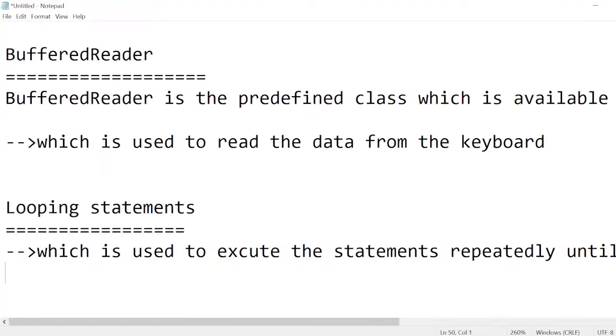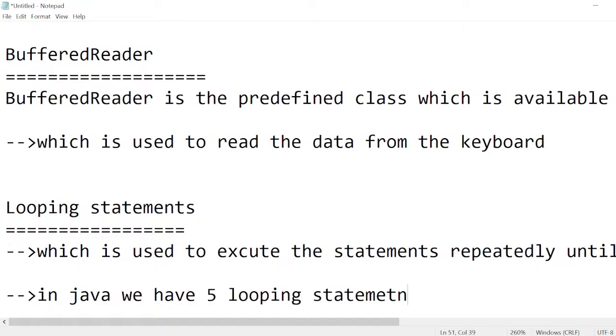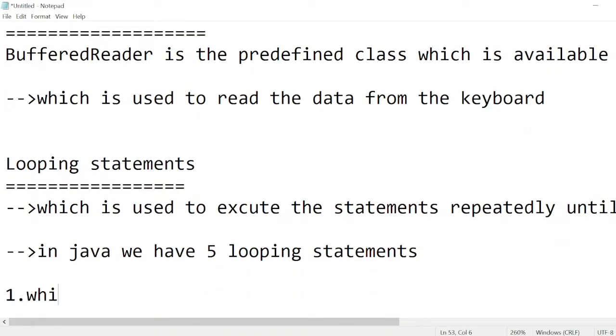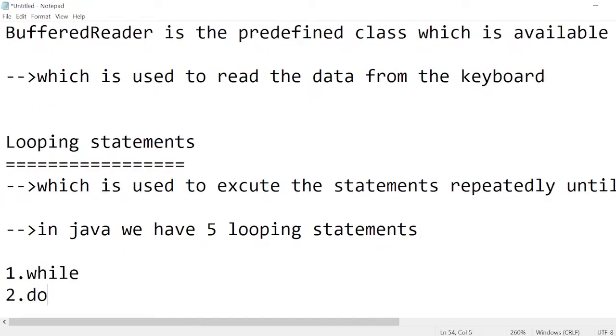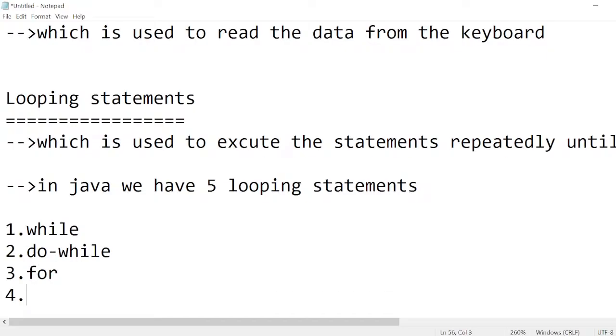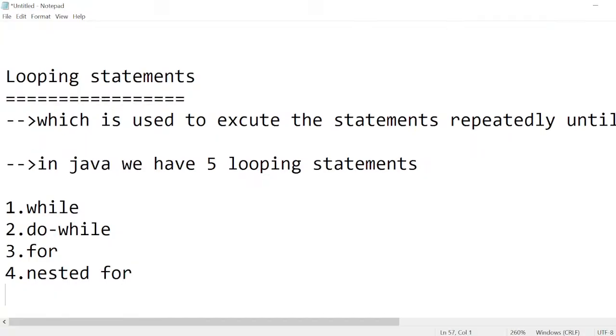In Java, we have five looping statements. First one is while loop, second one is do while, third one is for loop, fourth one is nested for loop, and fifth one is for each loop.